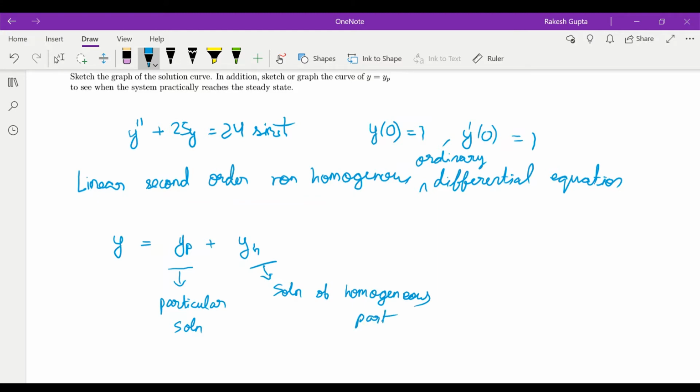The homogeneous part over here is y double dash plus 25y is equal to 0.